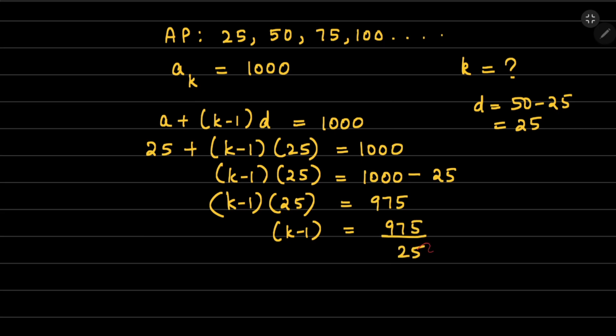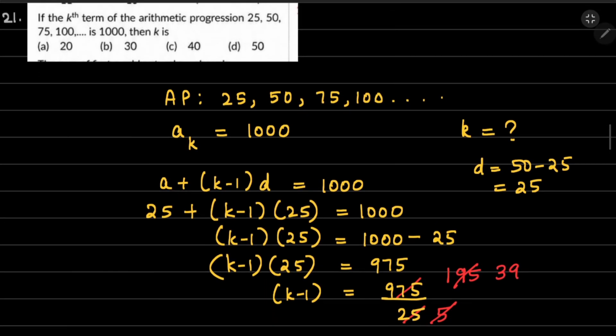You can cancel: 5 5s are 25, 5 9s are 45, again 5 5s are 25, and 5 3s are 15, and 5 9s are 45. So K minus 1 is 39, and the minus 1 will go to the other side, so K is equal to 40, the correct answer. Do we have an option? Yes, the option is C, 40.